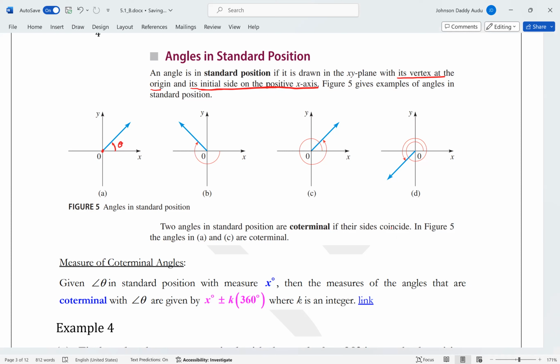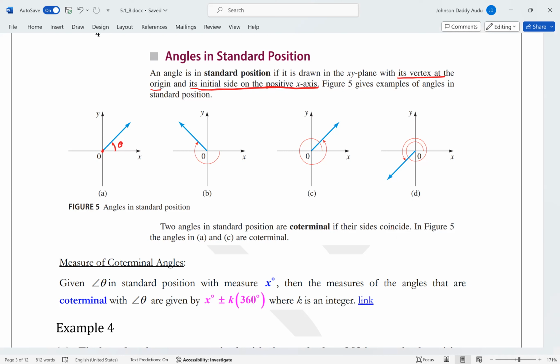Now for this one, you also have the same, starting from the positive x-axis, but now we go around about twice, 1, 2, to reach the terminal side. So all these are examples of angles in standard position.